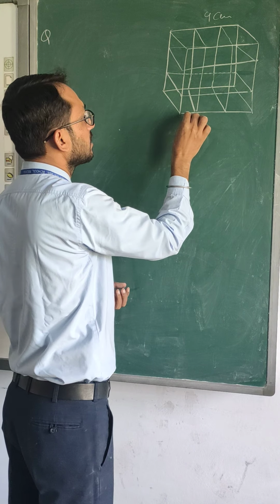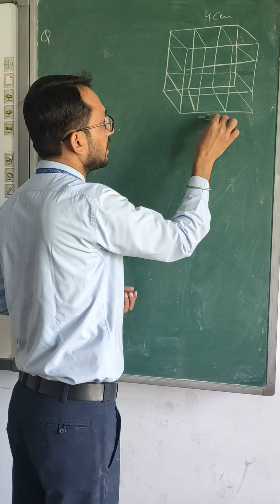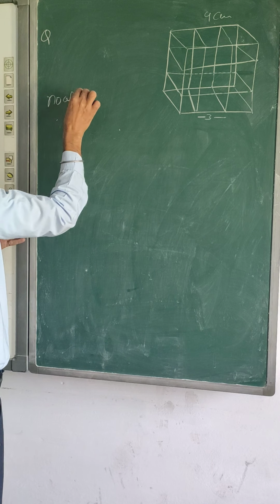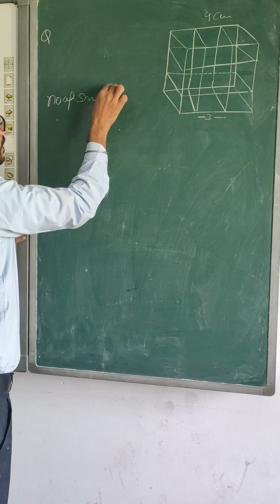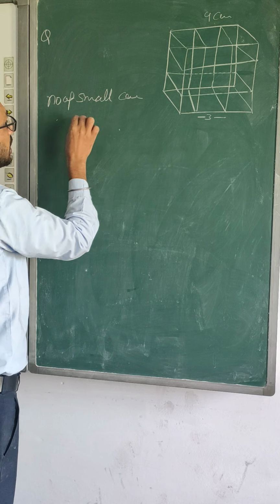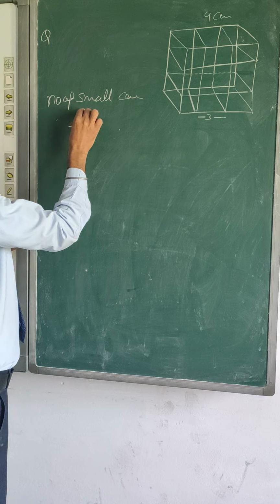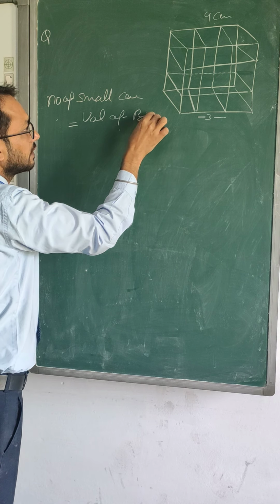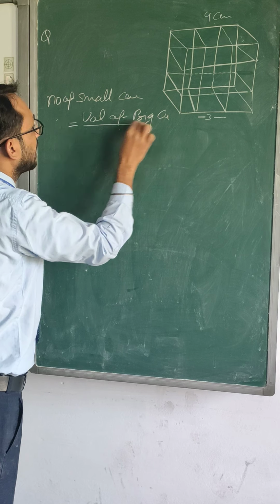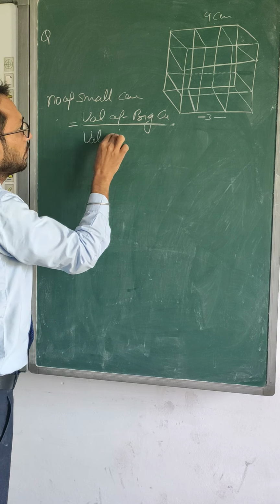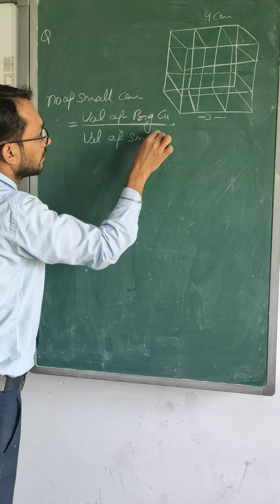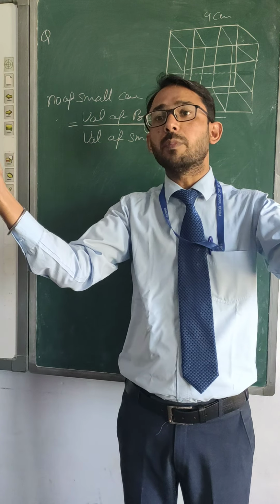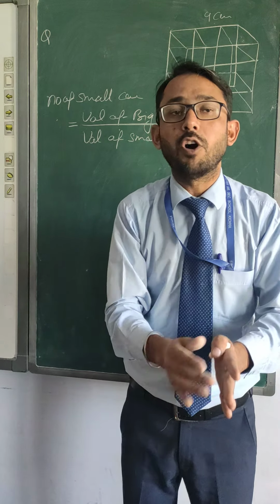The side of this small cube is 3 centimeter. So the number of small cubes is equal to the volume of the big cube divided by the volume of the small cube.